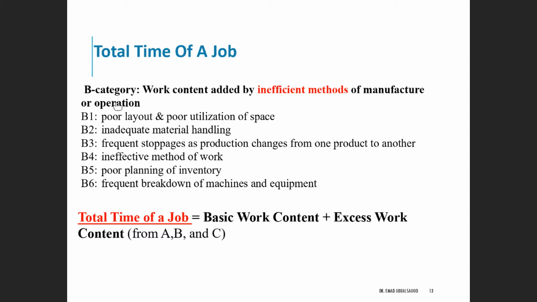That will require excess work, because the visitors or the people who visit that building will spend excess time searching for the location they are looking for. So you can imagine now the poor layout here.